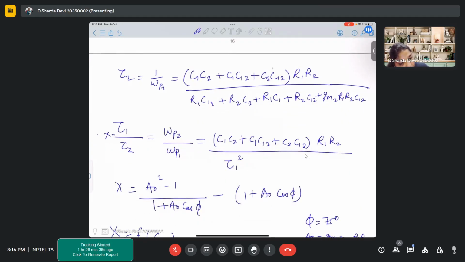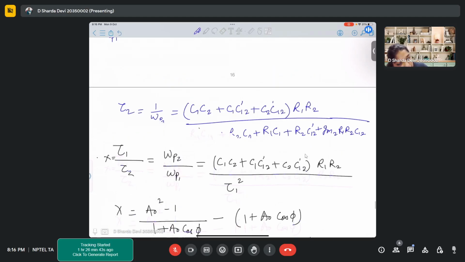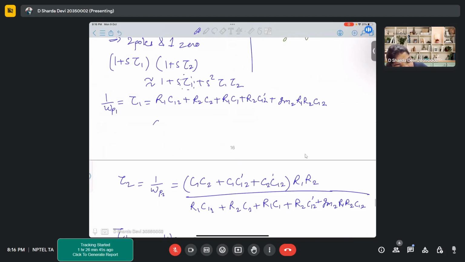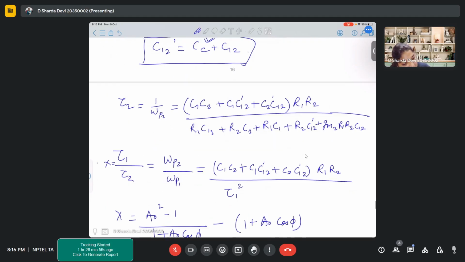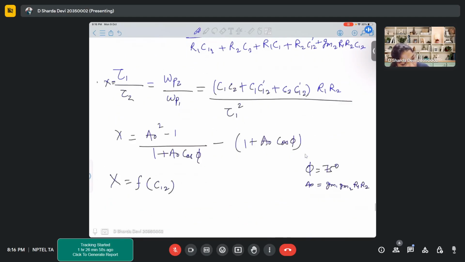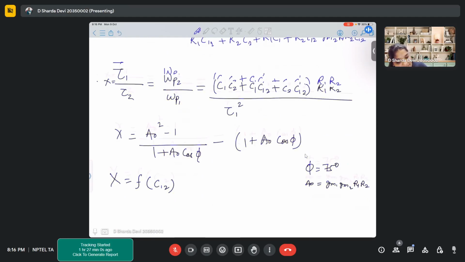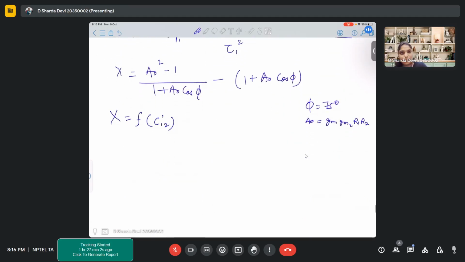These are all C12 dash, where C12 dash is actually CC plus C12, because CC is the value that you need to calculate. You don't know the value of CC, right? So these are all C12 dash. In terms of C12 dash, you will get a quadratic equation, and you know the value of x already.